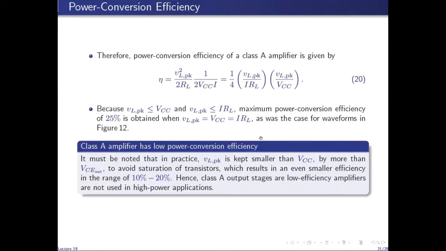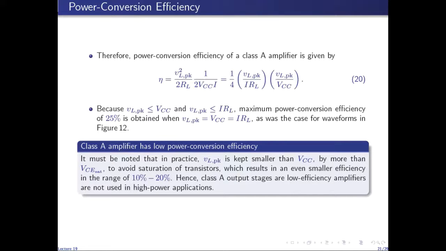And in practice, the peak value of the load voltage is kept smaller than VCC by more than VCE stack, because as VL peak, or the instantaneous value of the load voltage, approaches VCC, then because of the non-linearity of the voltage transfer characteristics of the BJT, the amplifier no more remains a linear circuit.